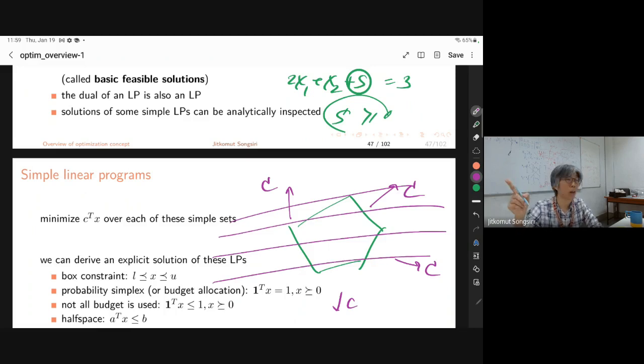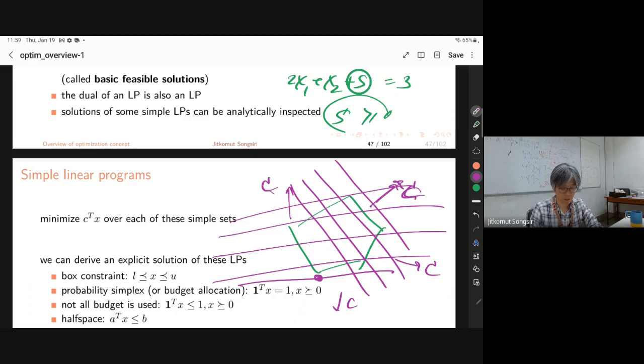The optimal one would be here, right? If I choose C that way, my level set is going to be this. My optimal would be, either on the boundary, depending on the direction. Are you convinced that the optimal solution never stays inside the polyhedron? Do you agree?